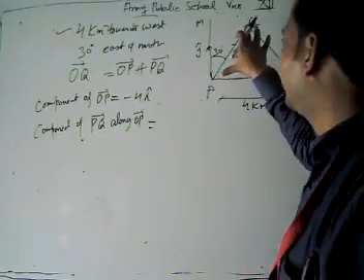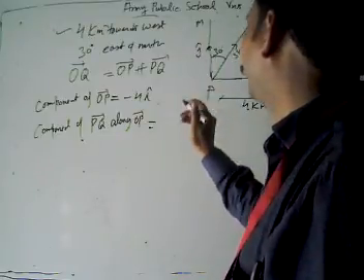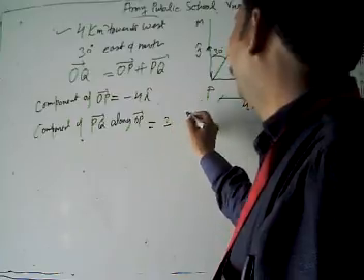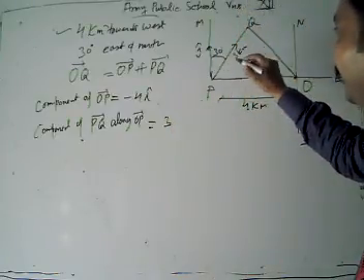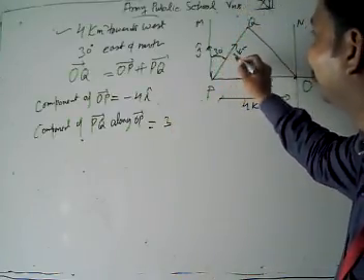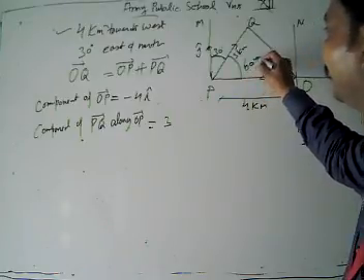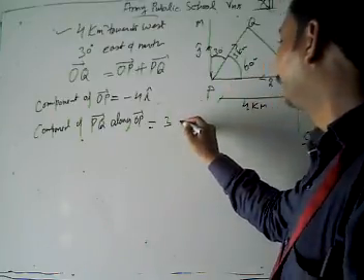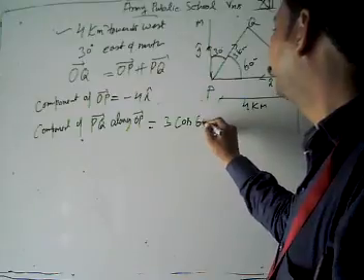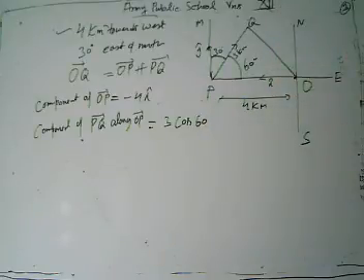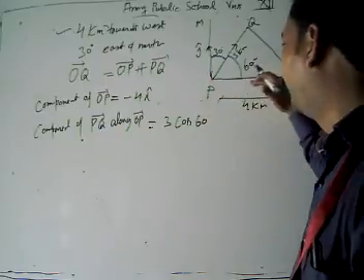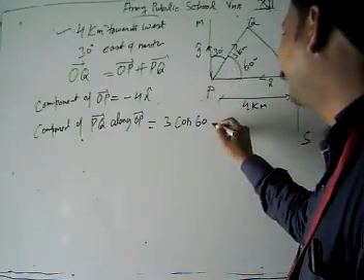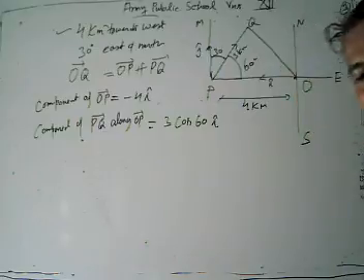Look, its magnitude is 3, and we need the angle of PQ. If this angle is 30 degrees and this is the 60 degree angle, then it is given by 3 cos 60 degrees. We also have the vector i cap, so it is 3 cos 60 degrees i cap, because we measure along the direction OP.